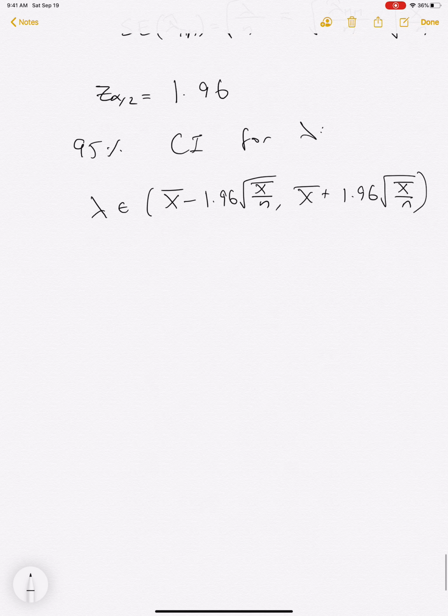So let's just be a little bit more concrete here so that we can see some real numbers.